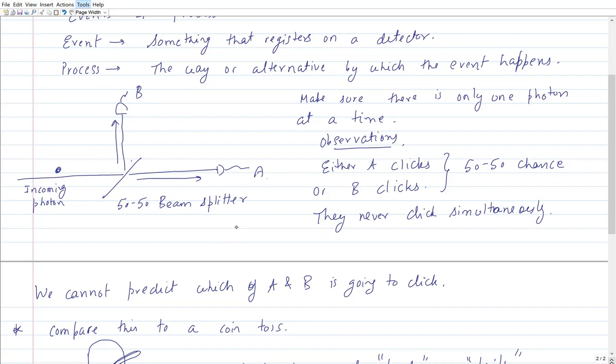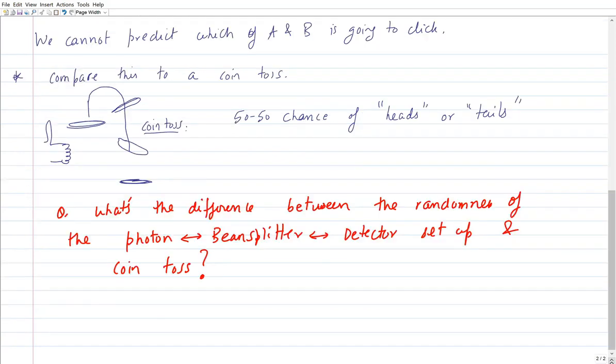The beam splitter is also a random process. Either the photon goes to detector A or it goes to detector B. And in a coin toss, I get either heads or tails. So to answer this question, first of all, I think it's a good point to ask, what is the origin of chance, or where is chance coming from in a coin toss?